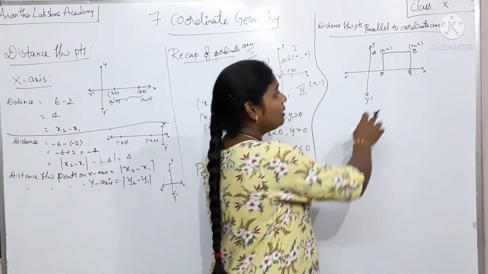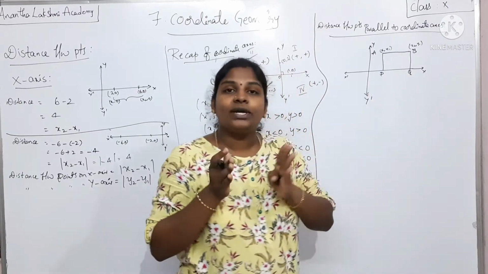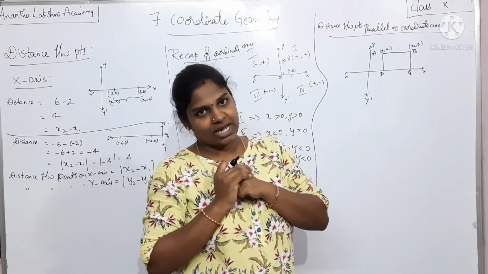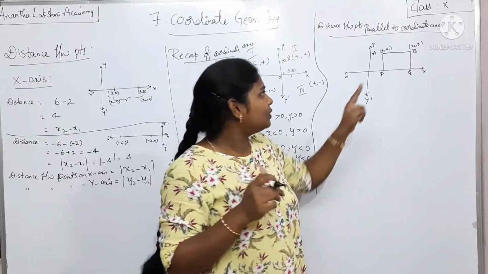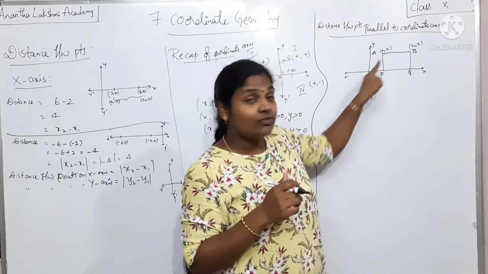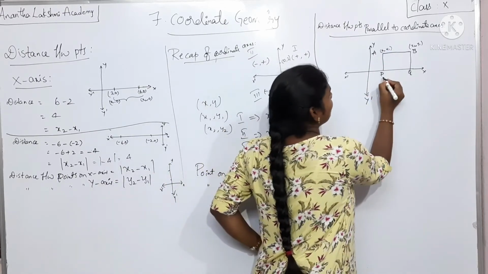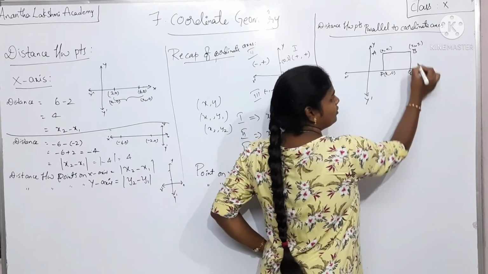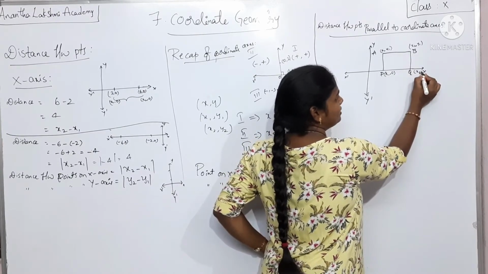Now, can we know the coordinates of P and Q? Yes, for sure, because these are points on x-axis. How does a point on x-axis look like? X comma 0. So what is the coordinate of x here? X1, right? So this is going to be x1 comma 0 and this is going to be x2 comma 0.